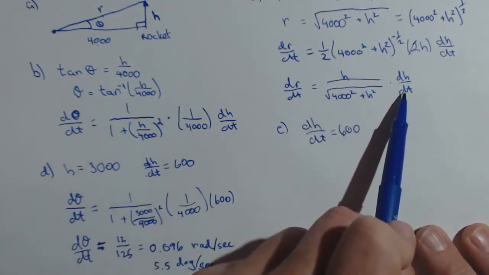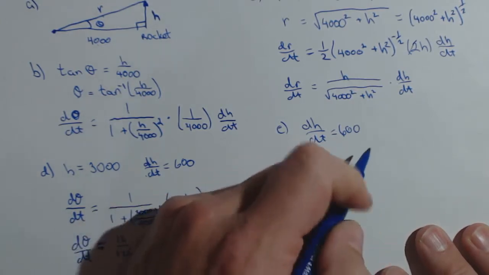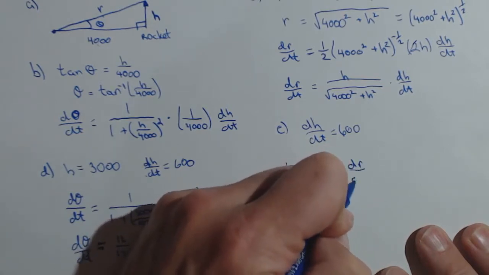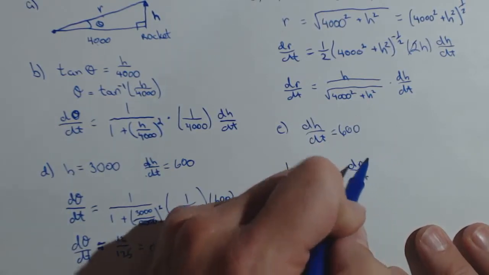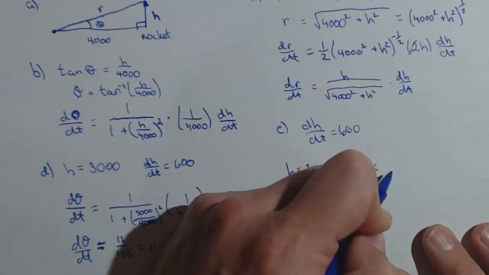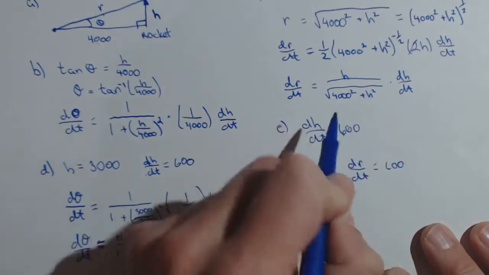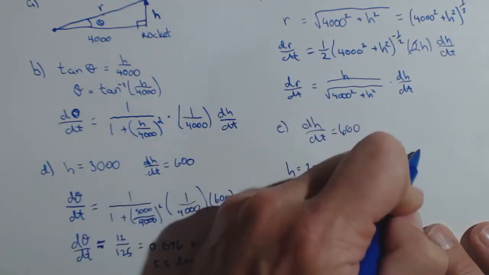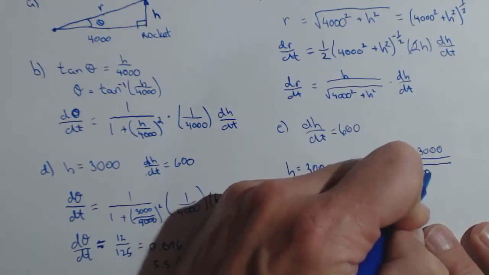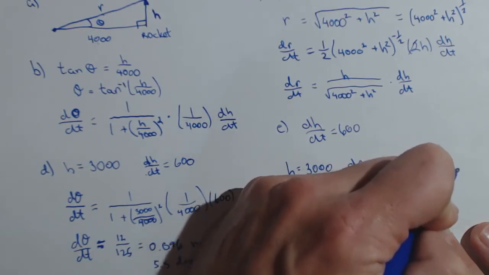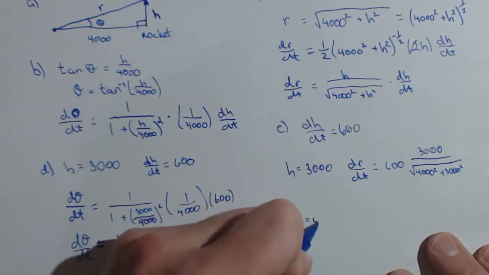So if h equals 3,000, dr/dt, just calculating it from our model here, comes out to be 600 times our h, 3,000 over the square root of 4,000 squared plus 3,000 squared. We'll calculate these in just a second. But let's go ahead and set them up.